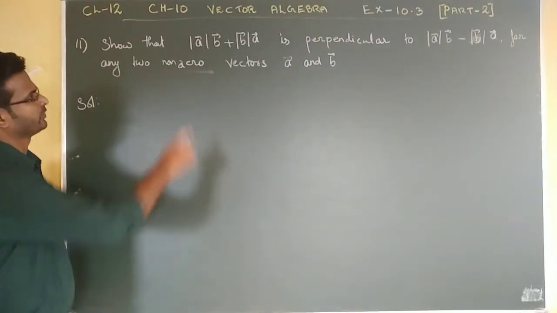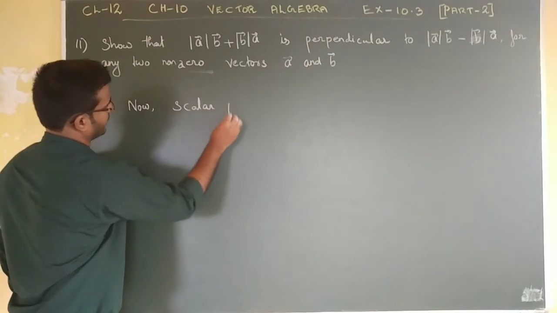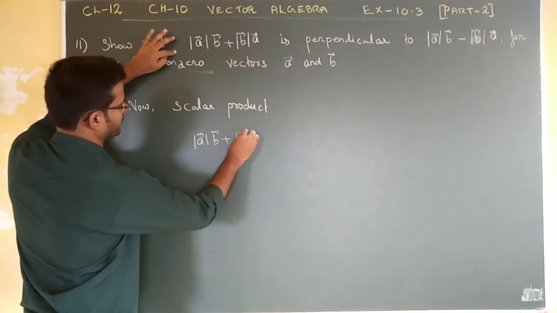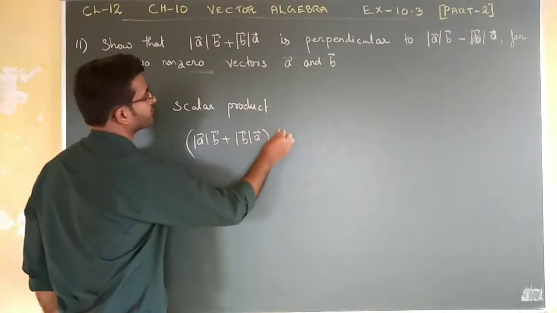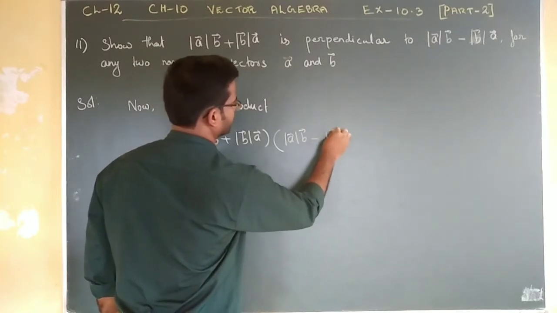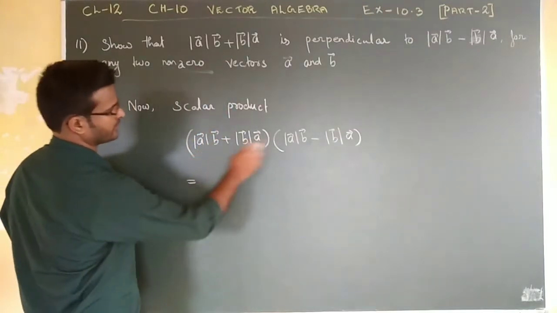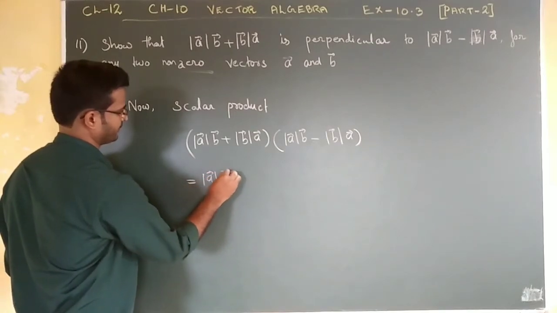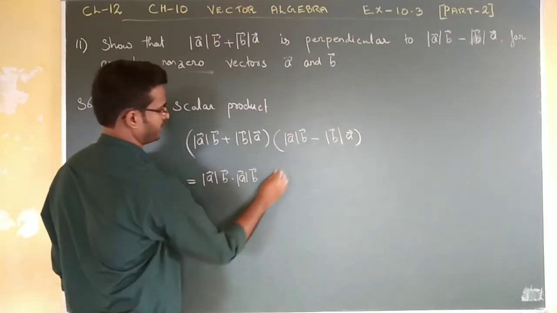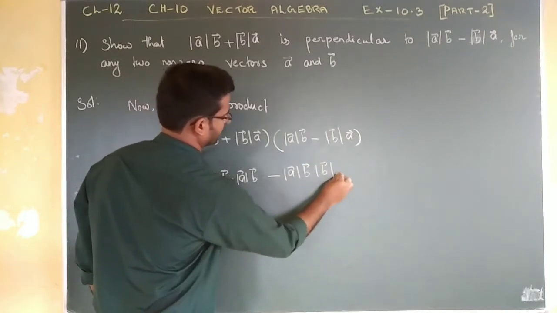So we cannot consider any 0 vector here. Now we can find the dot product of the given vectors. Now scalar product, magnitude of a vector b vector plus magnitude of b vector a vector, b vector minus b vector a vector equal to, remove bracket, first two terms, then here minus is there, so minus magnitude of a vector b vector into b vector a vector.